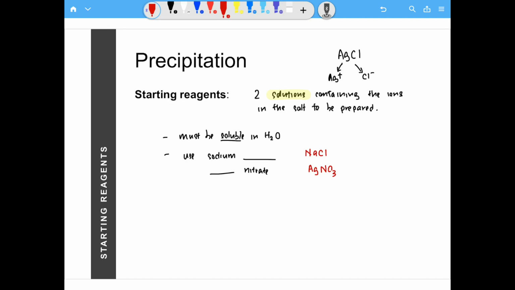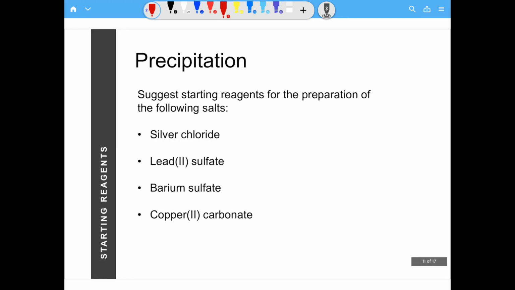So with that in mind, let us try to determine the starting reagents for each of the following insoluble salts to be prepared using the precipitation method. For silver chloride, we have already seen we can mix silver nitrate with sodium chloride.